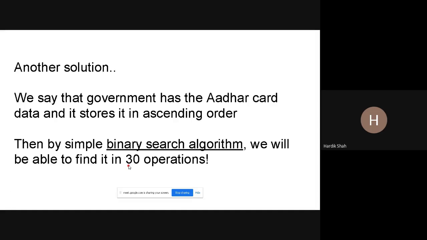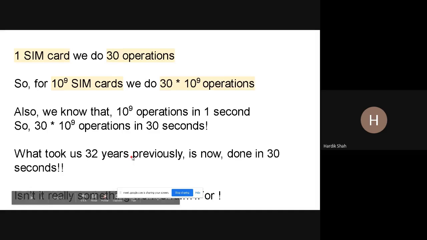So previously, when we wanted to search for Aadhaar card number X, we had to search through the whole list, that is 10 to the power 9 elements. But now we can do it in about 30 operations. So the total number of operations will be 30 into 10 to the power 9, because we are still using the old method for the SIM cards, right?